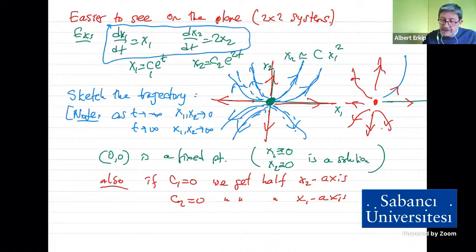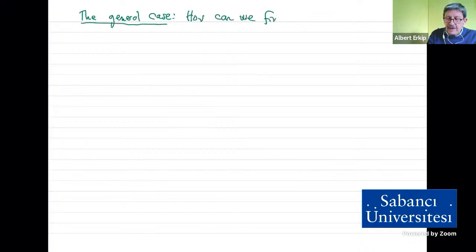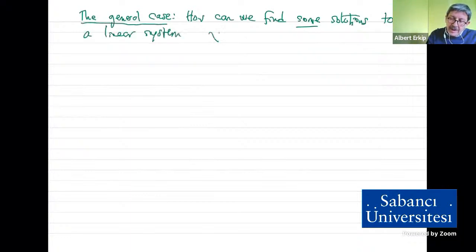What if it's not uncoupled? So let's go to the general case. How can we find some solutions to a linear system dx/dt equals A times x, where these are vectors?